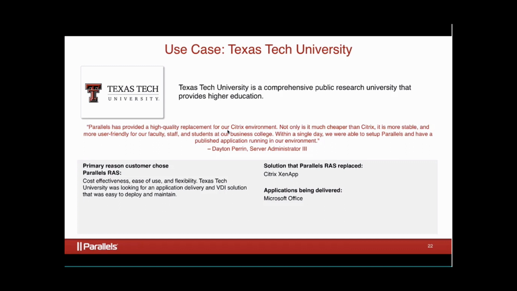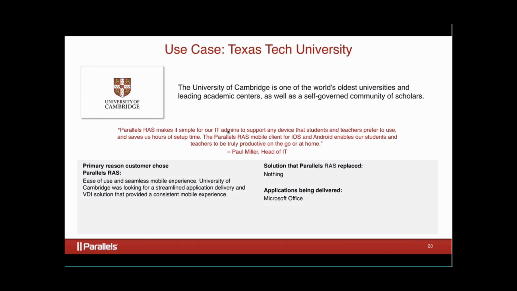So this is, for example, related to Citrix migration. They use it primarily for Microsoft Office and other tools from the university. If you have your own ERP or other tool that has to be used, it's part of the migration. We can take them for you automatically. University of Cambridge, a solution related especially to better deliver VDI solutions for their end users.